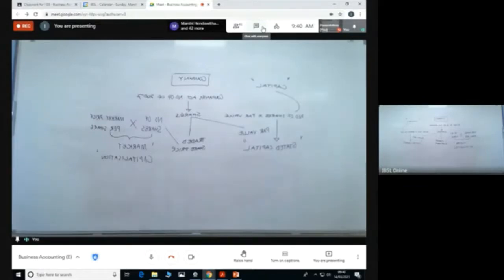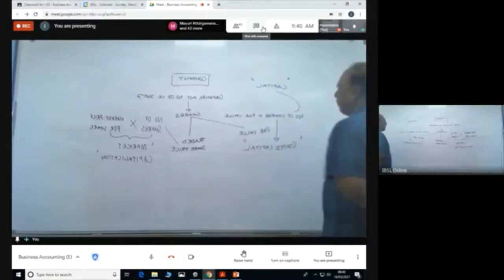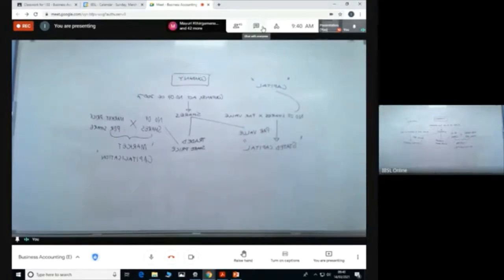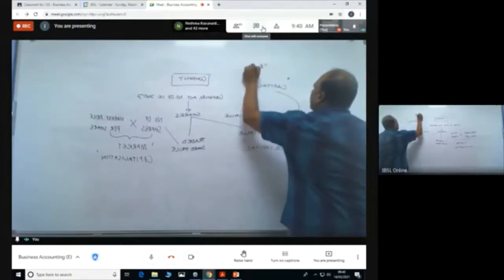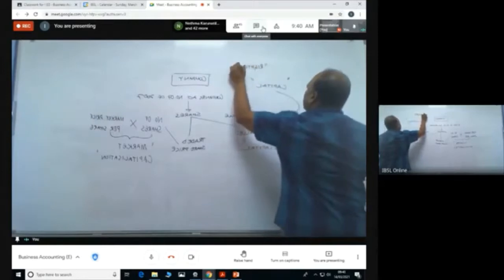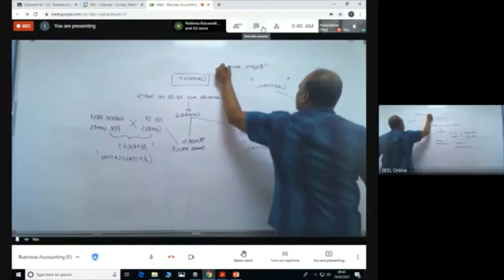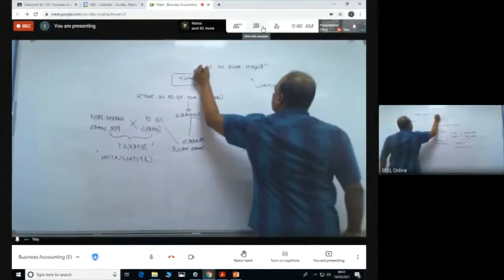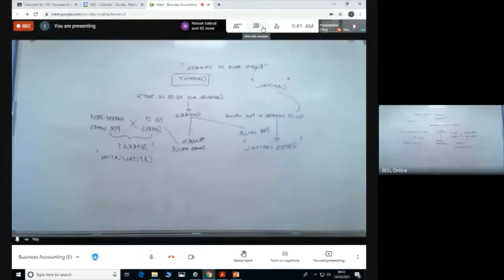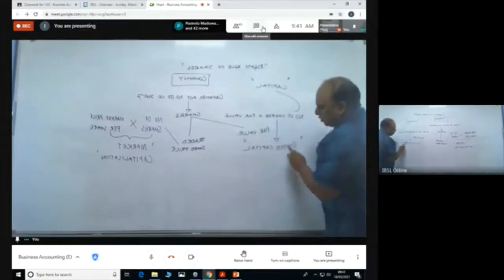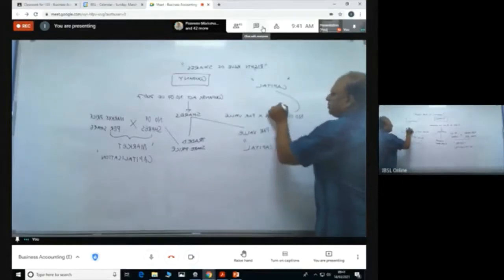The most common way of raising money is a rights issue of shares. Rights issue of shares is where there are existing shareholders.